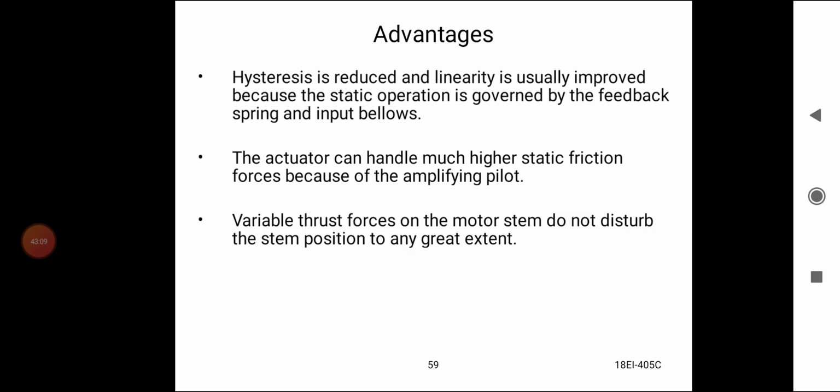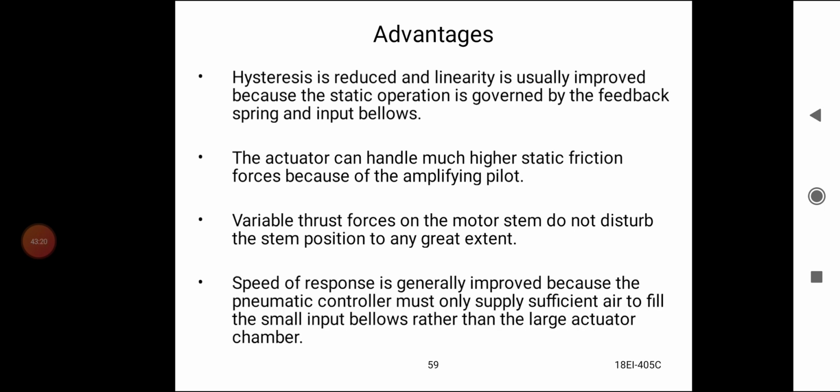Variable thrust forces on the motor stem do not disturb the stem position to any great extent. Speed of response is generally improved because the pneumatic controller must only supply sufficient air to fill the small input bellows rather than the large actuator chamber.